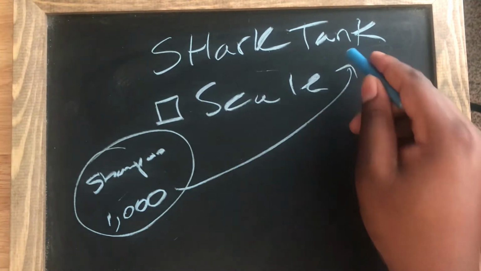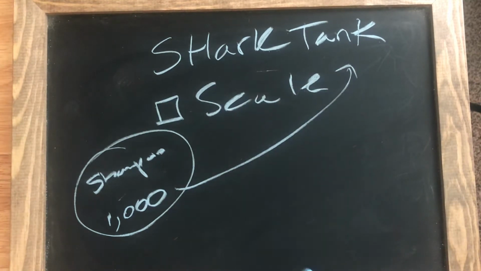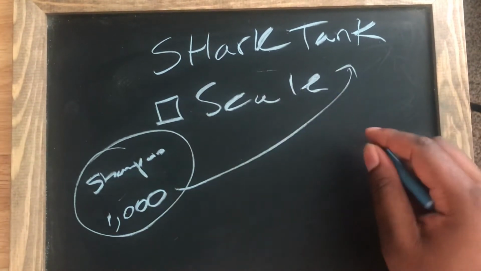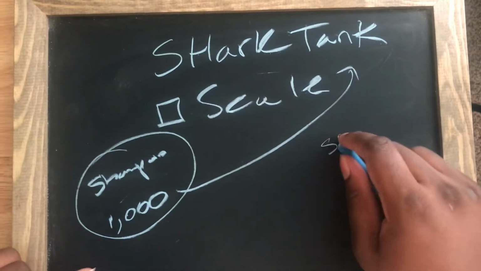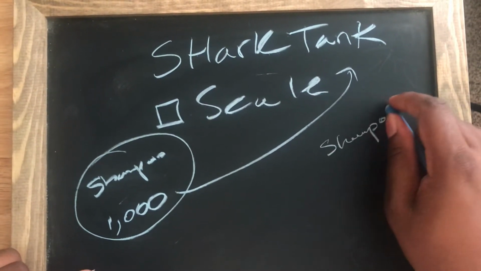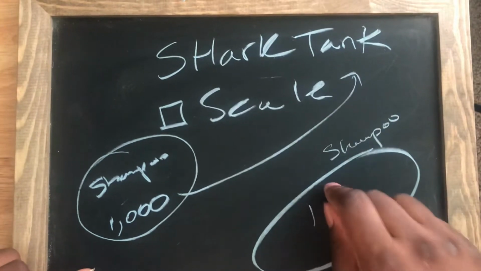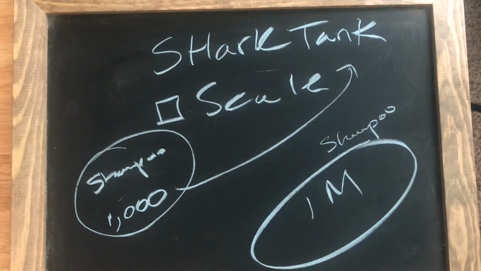What hopefully the guys in Shark Tank are going to do, maybe Kevin O'Leary, is come to me and say, yeah, I want to scale this big. I want to bring it to scale. What does that mean? That means that as soon as I go on Shark Tank and get one of the sharks to help me, my shampoo business now might have 1 million customers.